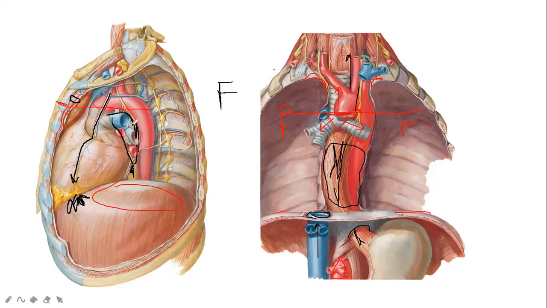You can see the principal bronchus going to the lung, and the vagus nerve passing posterior. But the phrenic nerve passes anterior to it, because it is going to the heart, which is located anteriorly.